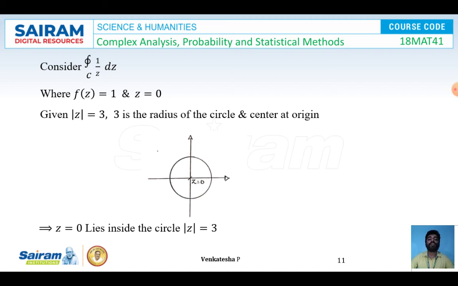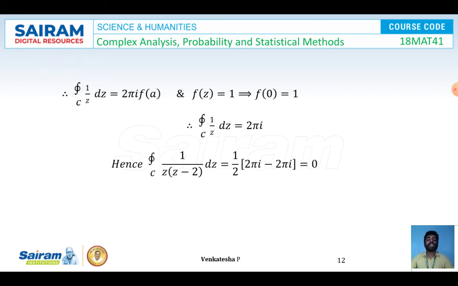So the formula will be the integral over the region C of 1 by z dz equal to 2 pi I into f of a. The function is given by f of z is equal to 1 and f of 0 will become 1 here. So I got the value of the integral over the region C of 1 by z dz equal to 2 pi I.